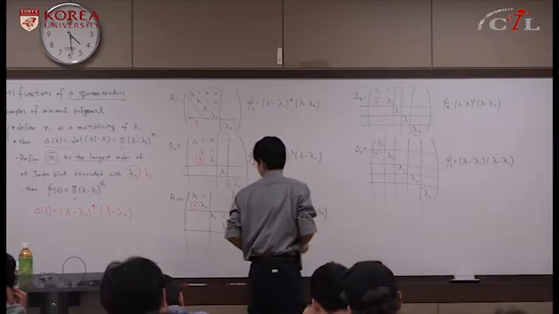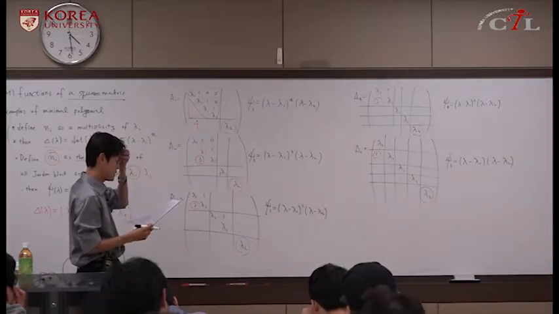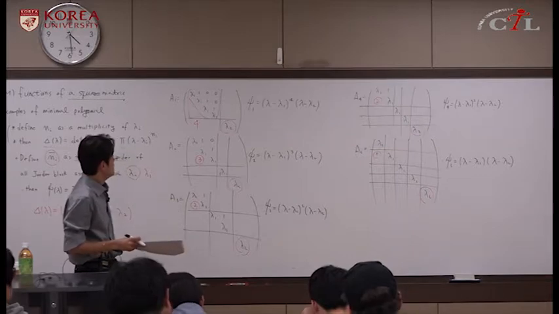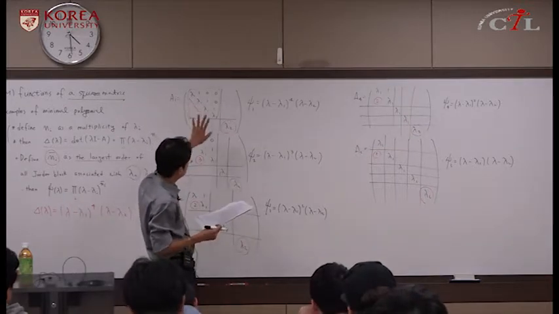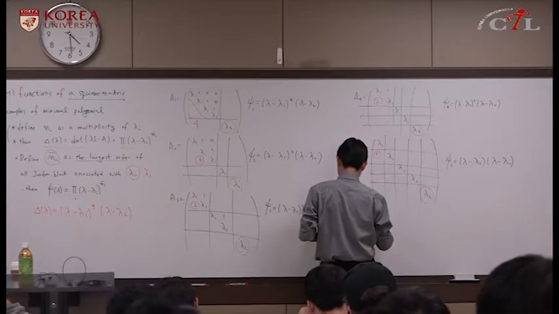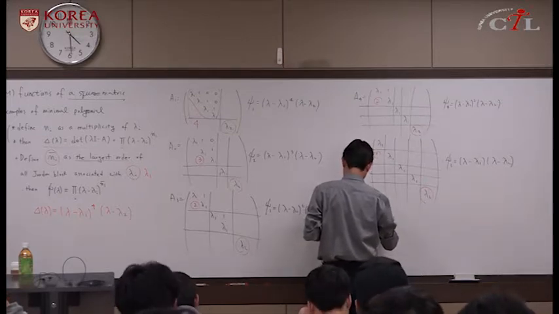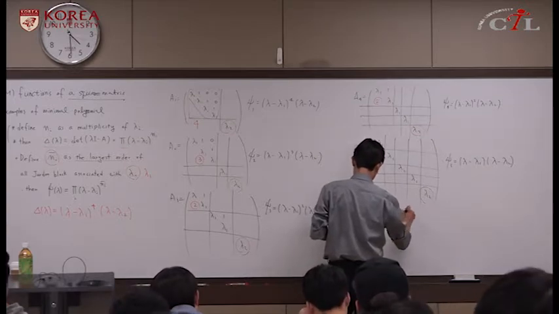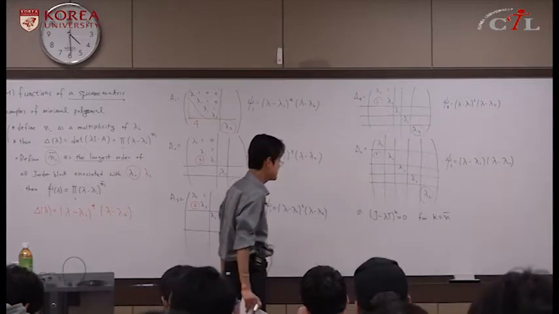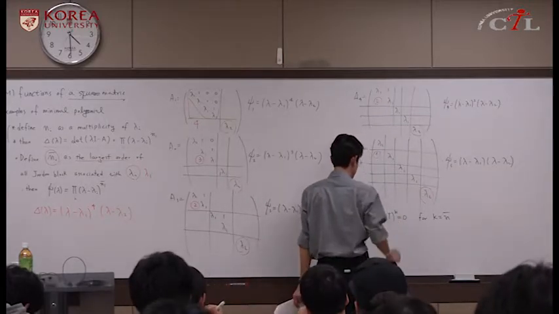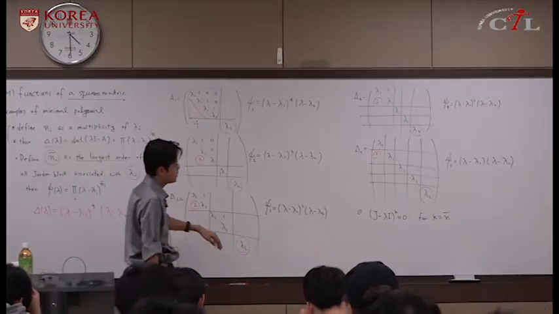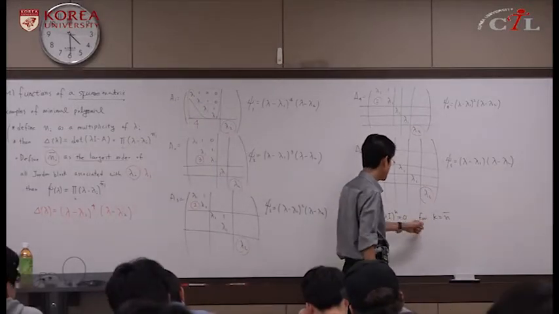Okay, they are minimum polynomial. Then, for the given minimal polynomial, we need to show whether the characteristic polynomial form, (J minus lambda A)^k, goes to 0 if we set k equal to n bar.